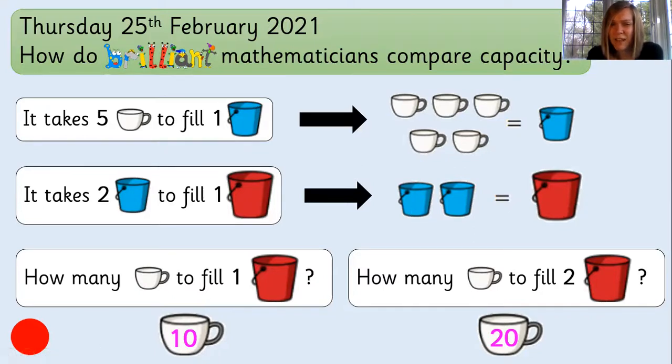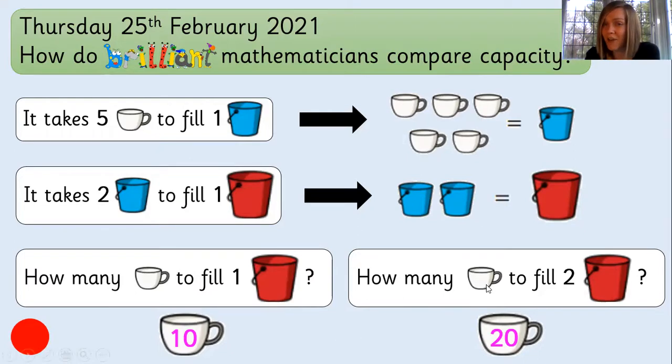And if I need another blue bucket to fill the red bucket, I'm going to need another 5 cups. So 5 in this bucket and 5 in that bucket would mean I've got 10 cups. So 10 cups would have filled the big red bucket. So really well done if you solved that: 5 add 5 would make 10.